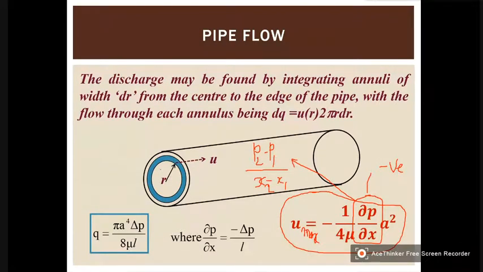So this is ∂P by ∂X, or dP by dx. So (P2 minus P1) by (X2 minus X1). Now, can X2 minus X1 be negative? This is always positive, so automatically the pressure gradient must be negative.